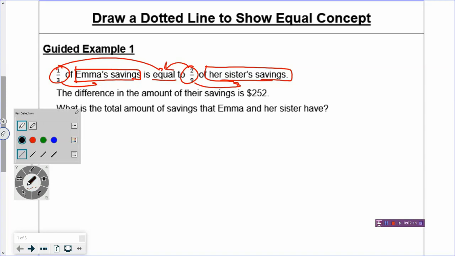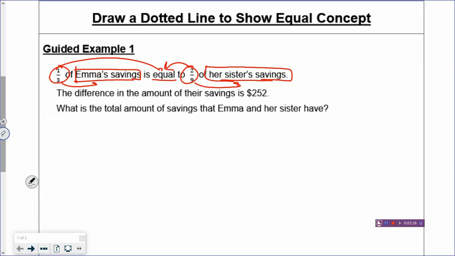So how exactly do we draw the model? You always draw from the beginning to the end. Look at the first sentence: Emma has 3 boxes of savings. So count the 3 boxes, and 1 box is equal. You draw a dotted line to separate 1 box, equal to 2 boxes of the sister's savings. So you draw another equal box. The dotted line tells you how to draw the other equal box.